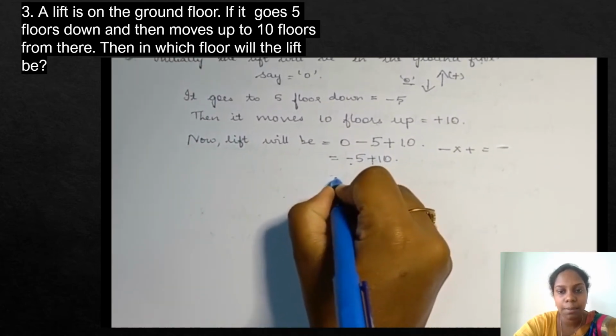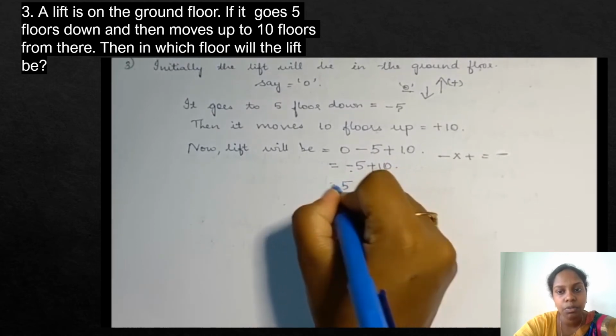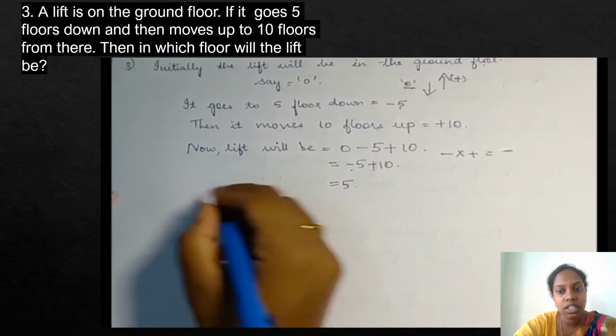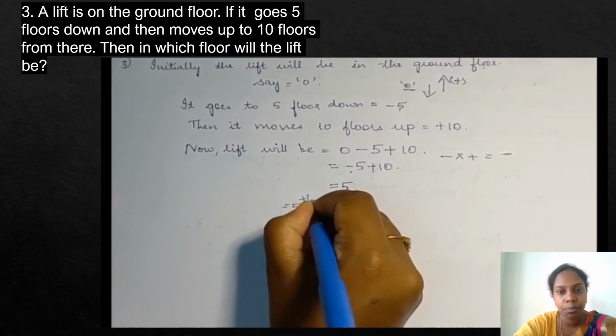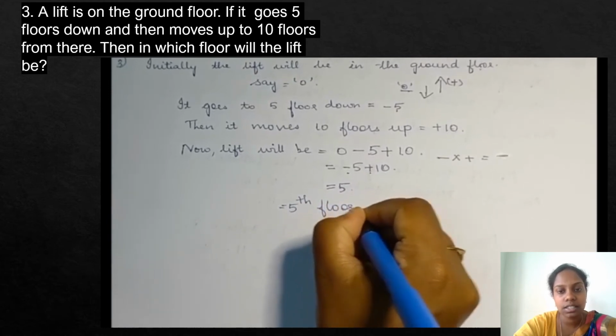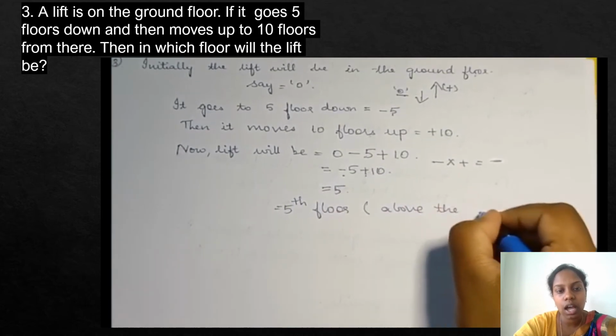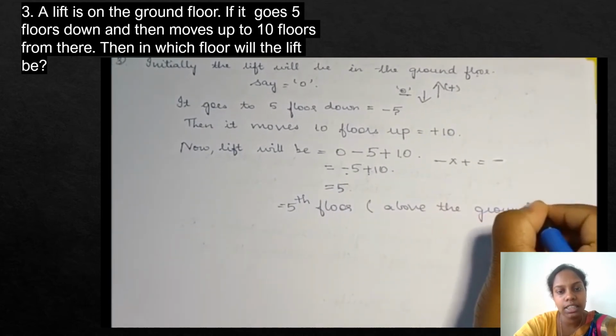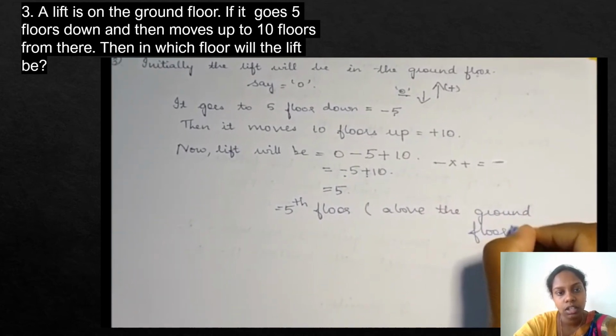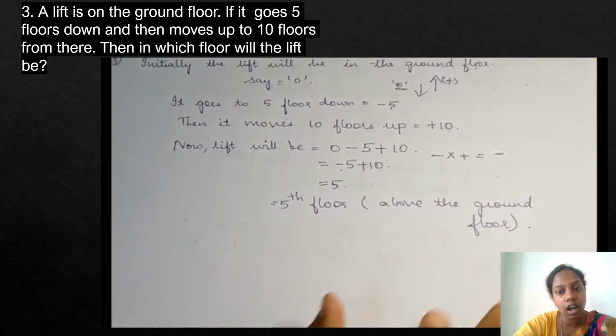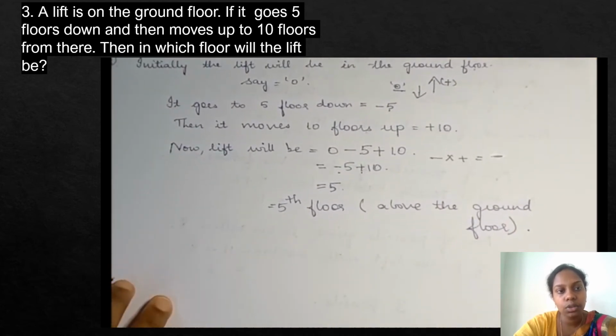Minus 5 plus 10 will give you 5. So now the lift will be on the 5th floor, calculating from the ground floor. Above the ground floor, the lift will be on the 5th floor. Have you all understood? I hope that you have understood it.